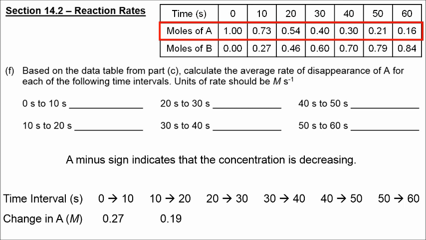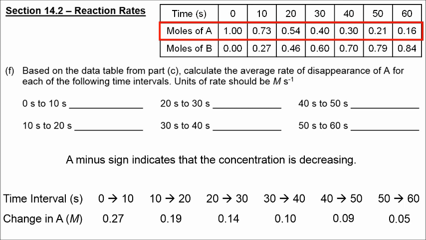Then when it changes from 0.54 to 0.40, that's a difference of 0.14, a difference of 0.10 in the next 10-second interval, a difference of 0.09, and finally between 50 and 60 seconds that would be a difference of 0.05 moles per liter in that period.